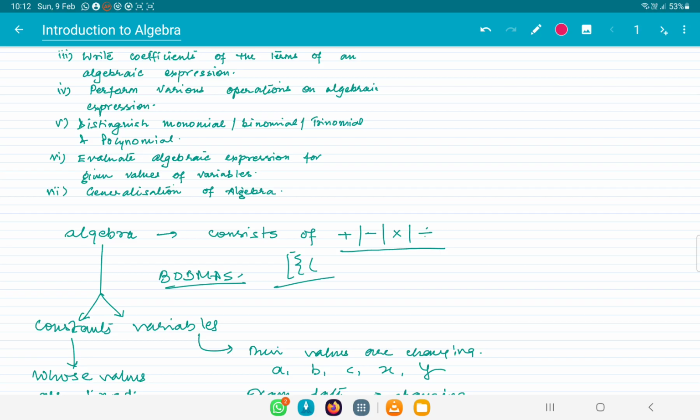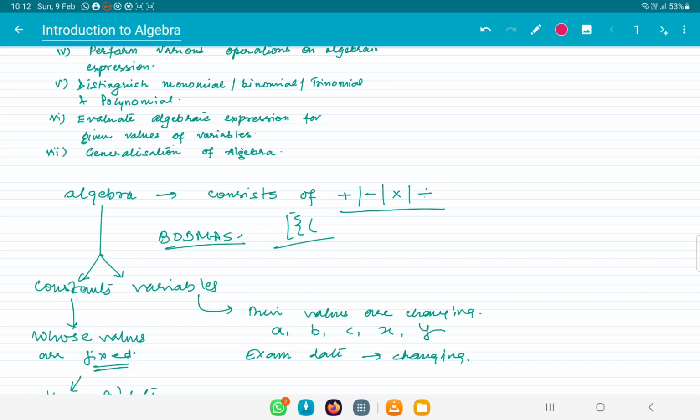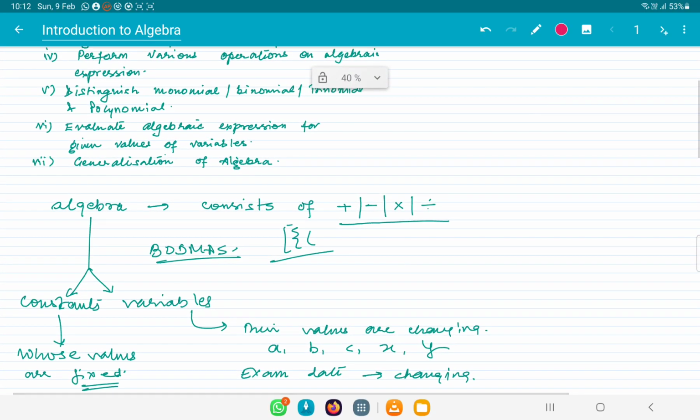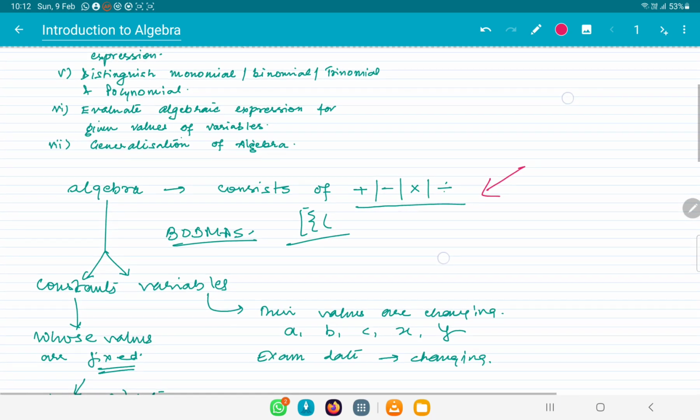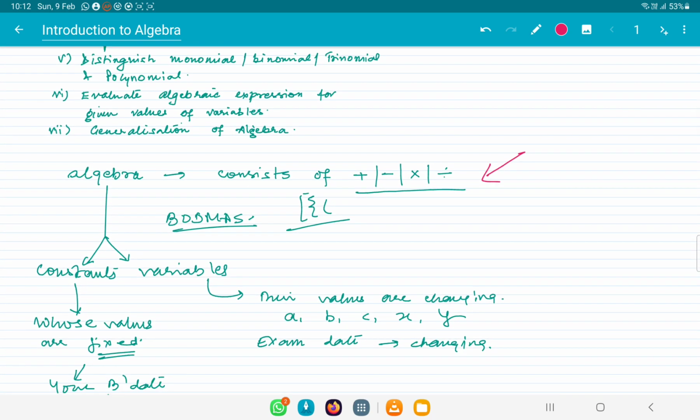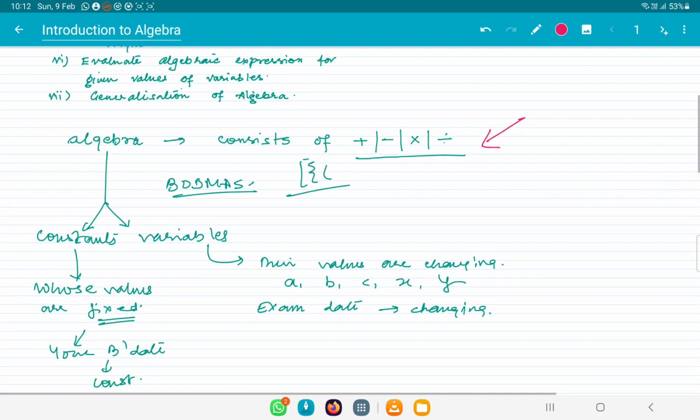First we are seeing that algebra consists of different types of operations. These operations can come in the form of addition, subtraction, multiplication and division, along with different types of brackets.